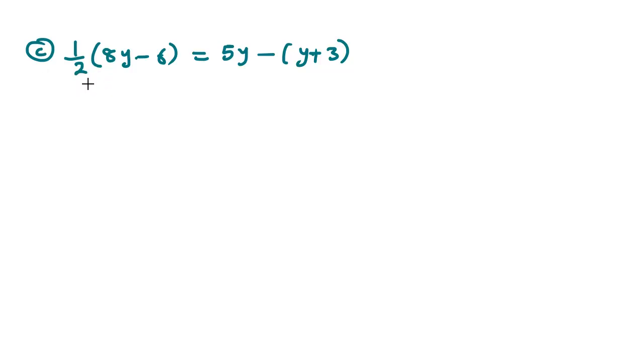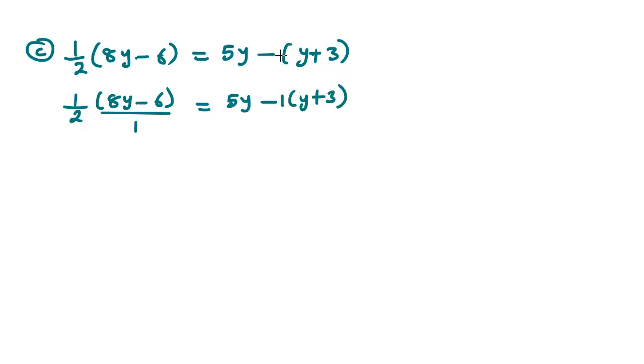First of all, we use the minus 1 over 2 to open this bracket. If I want to rewrite, this can be written as 1 over 2 into bracket 8y minus 6 over 1 is equal to 5y. Let me open this bracket. Minus y is just like saying minus 1; there's an invisible one, so it's minus 1 into bracket y plus 3.